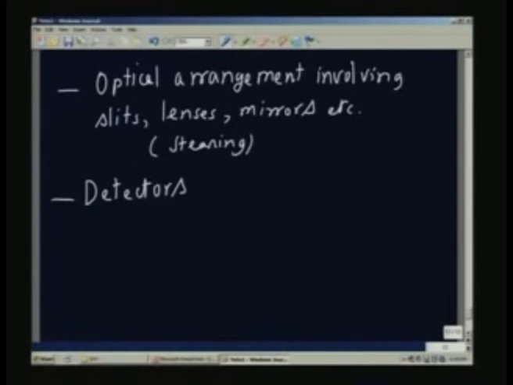Detectors can be broadly classified into two categories, like what we had earlier with the broadband and monochromatic. Here also we have what are called thermal detectors. We have already come across this earlier.